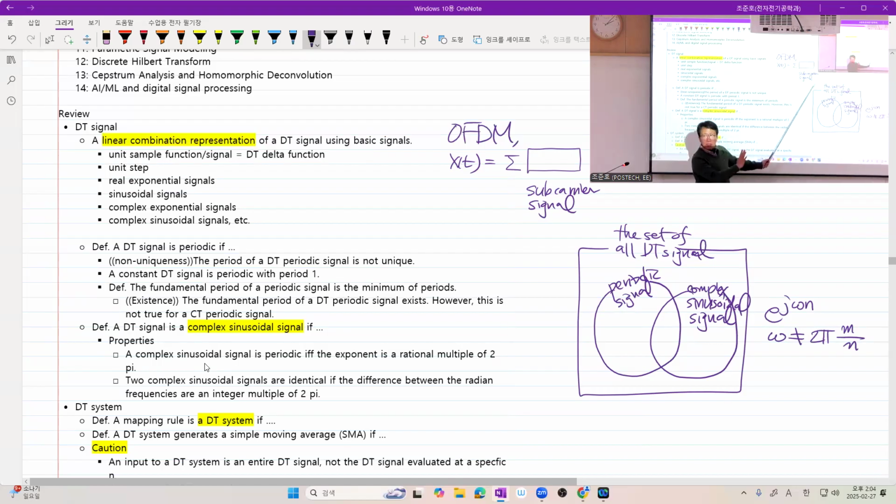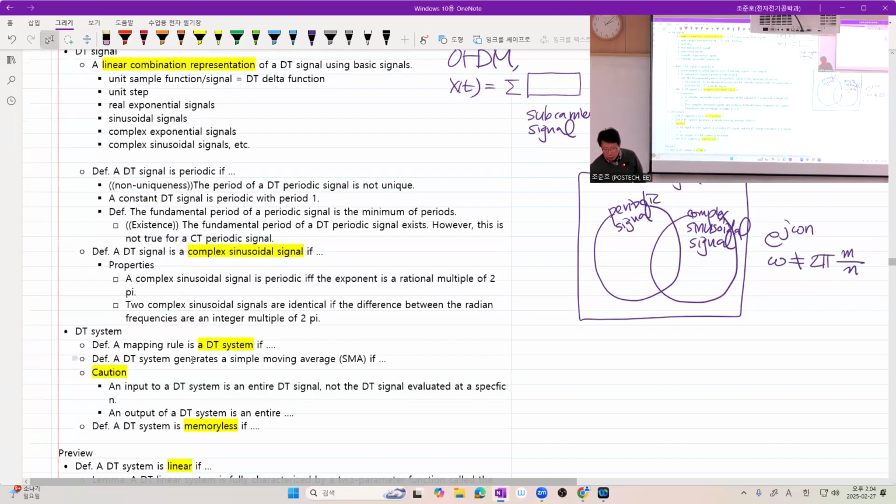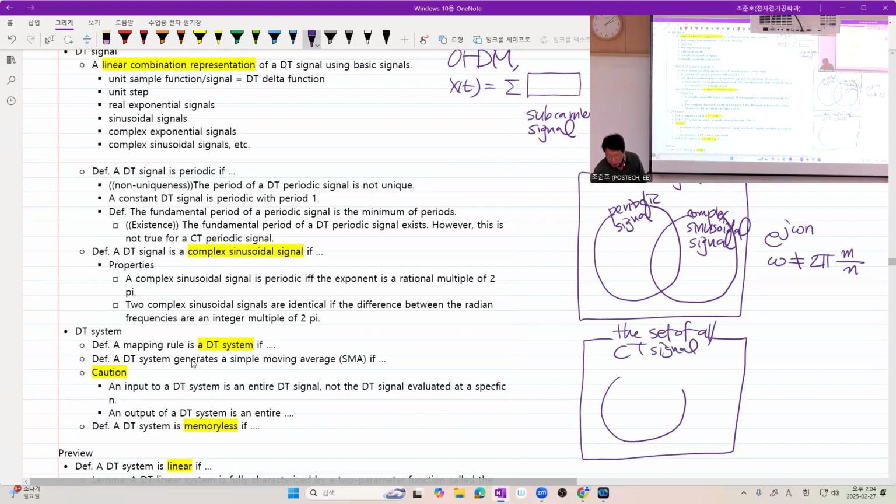This is very different from the similar situation for the continuous time signal set. The set of all continuous time signals has a subset of periodic signals, and here we have complex sinusoidal signals. Got it? And these are all in the form of e to the j omega t.